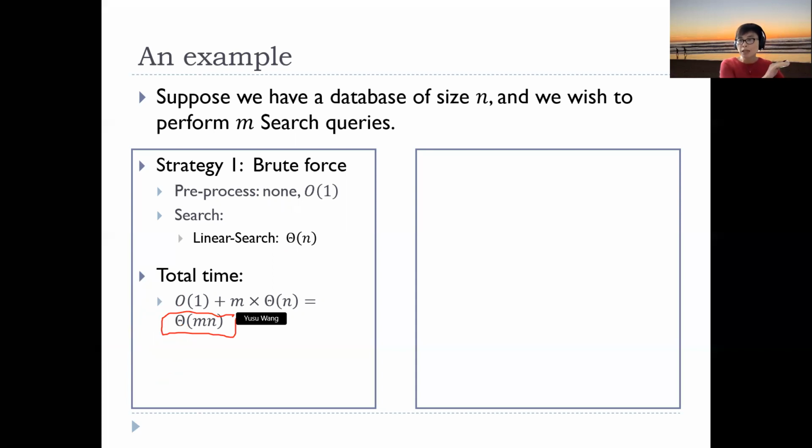So this is the brute force approach. As an example, if you're going to issue order of n queries, say checking the information of order of n students, then the total time of this brute force approach takes quadratic time. The total time means all the time to perform all the queries.